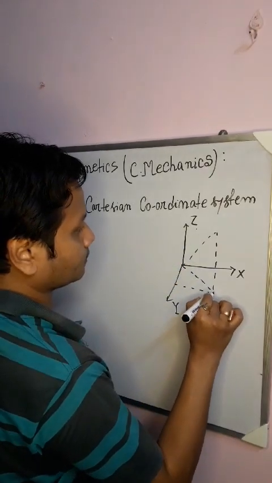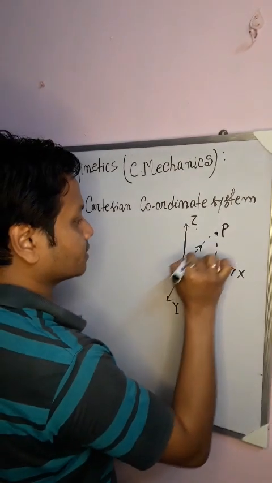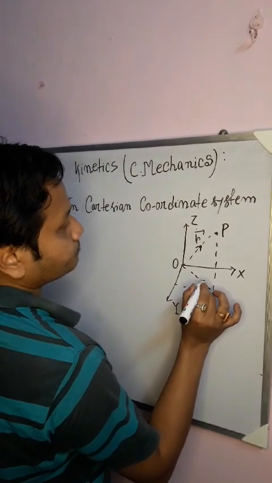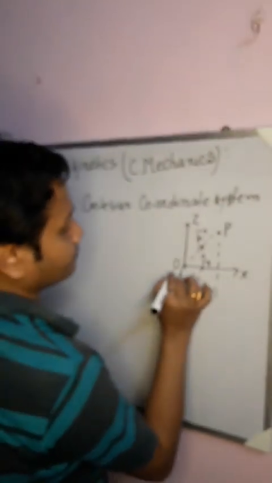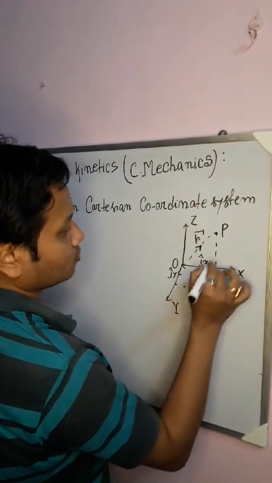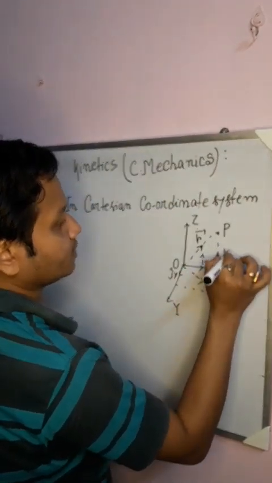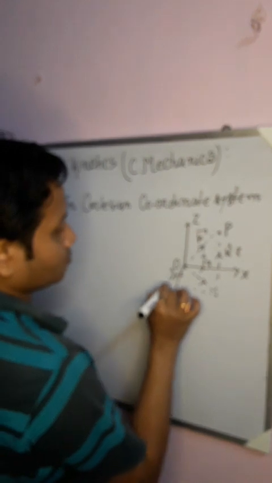Suppose this is a point P, and its position vector with respect to the origin is r. This is simply i cap x, this is j cap y, and this is k cap z. Let us name the points O, A, B, C.